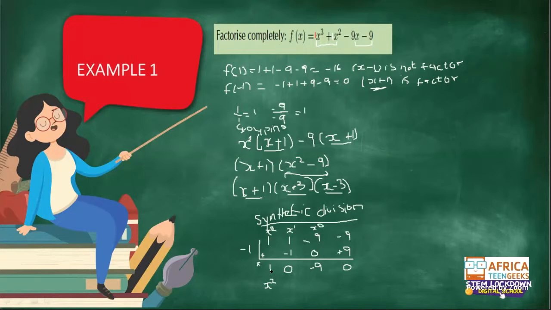So you would have x squared, but you won't have the x term because it's 0, and your constant will be -9. So this is the same as this term.